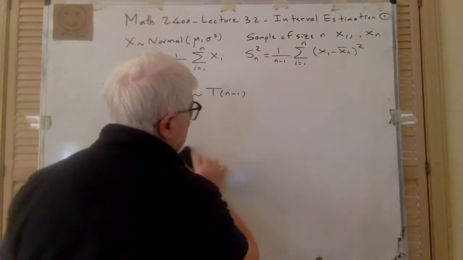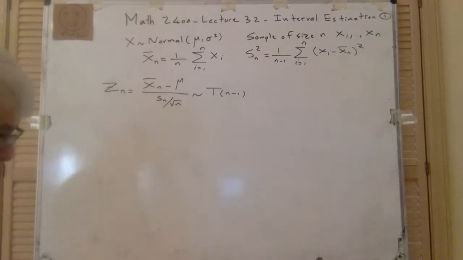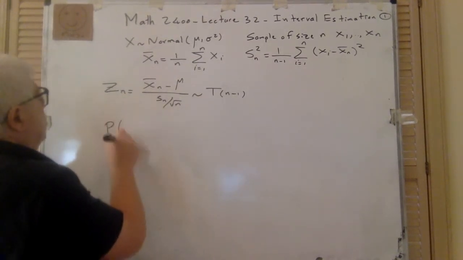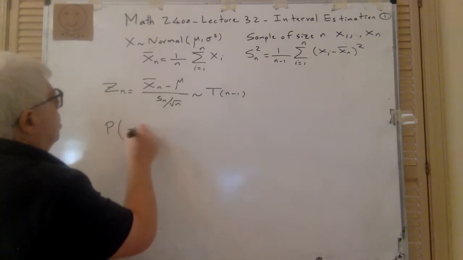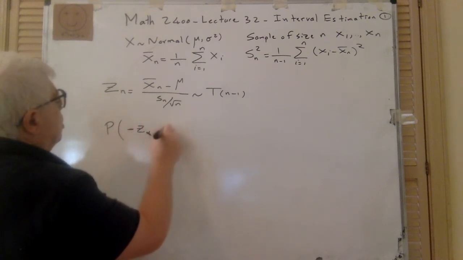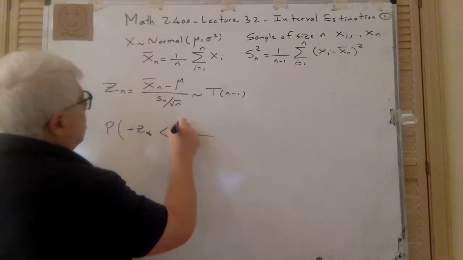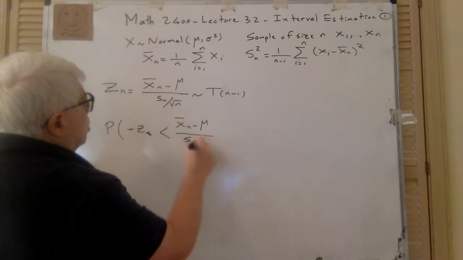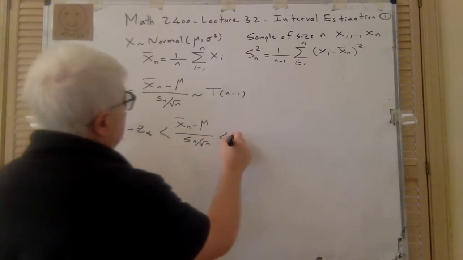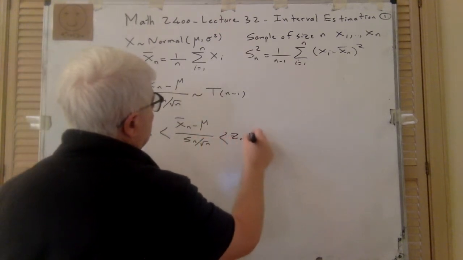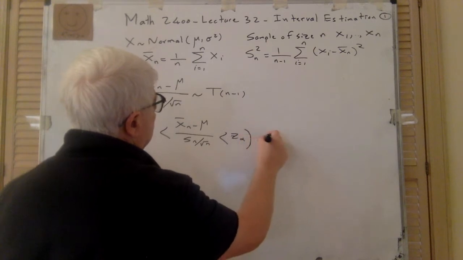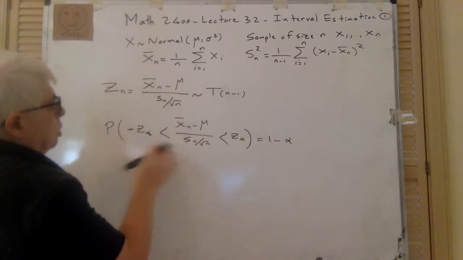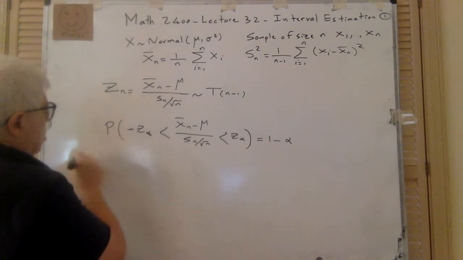And so we have found Z alpha such that minus Z alpha is less than this guy here, x bar n minus mu over Sn over square root of n, is less than Z alpha, with probability equal to 1 minus alpha. So this is equivalent to this.